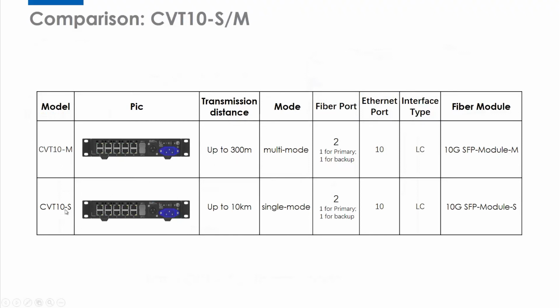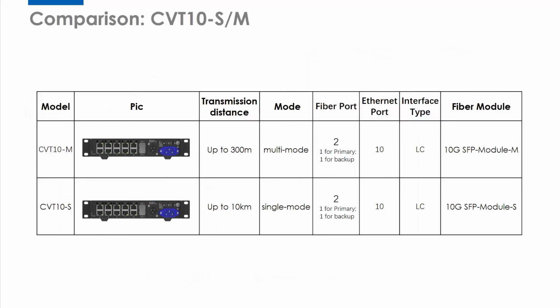For CVT10-S, its transmission distance is up to 10 kilometers, and this one is multi-mode, this one is single mode. And for CVT10, no matter for M or S, the fiber port all is 2, and the Ethernet port all is 10. And also here I put the fiber module for your reference.